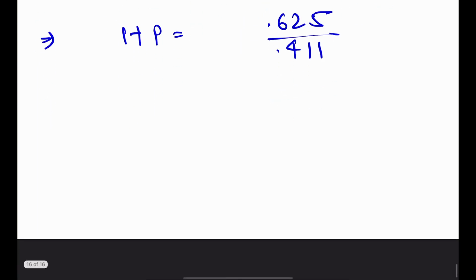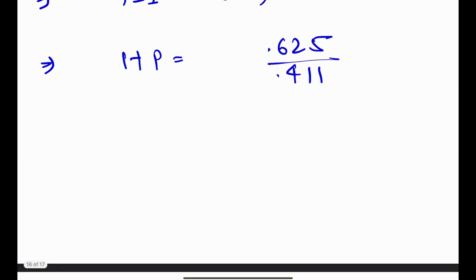So it's point something, 0.6666. Yeah, no, it's 1.5. I suppose something like 1.5 is 1 plus p, how much will it be?